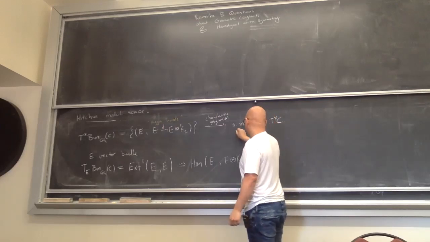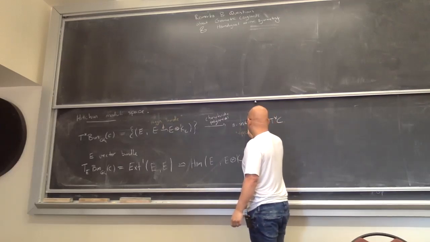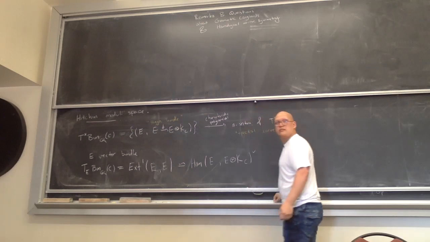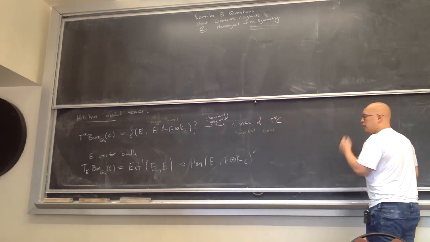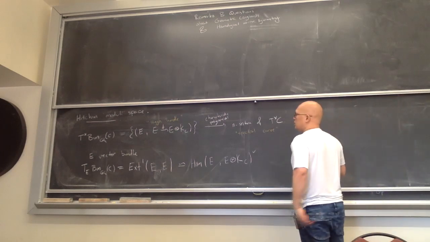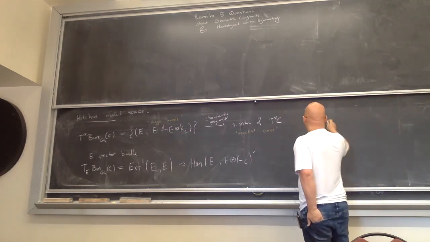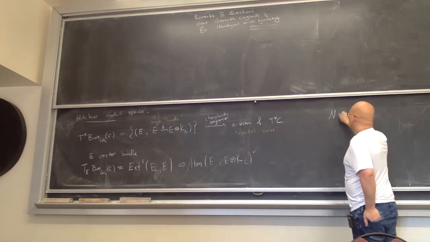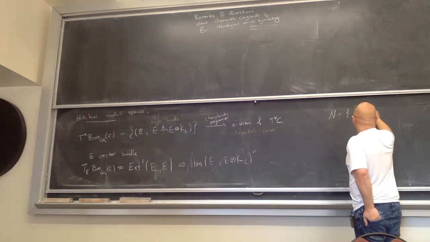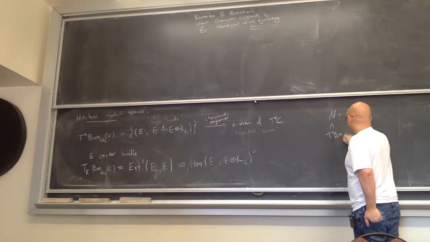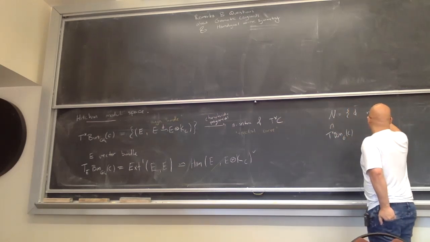These are called spectral curves. And this N is called the global nilpotent cone, the locus in T*Bun_G where phi is nilpotent.